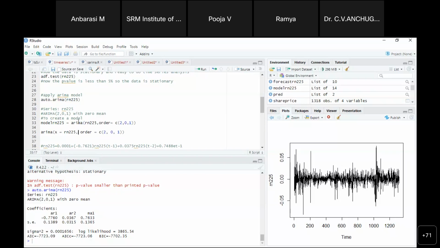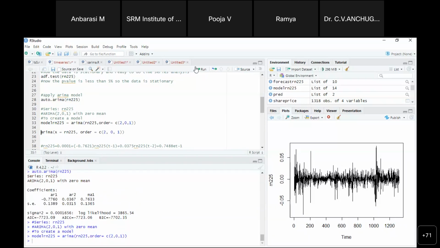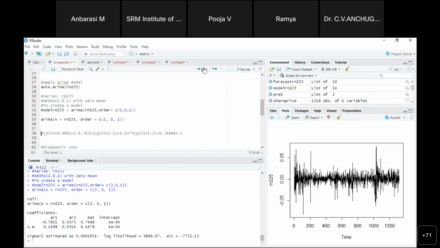After creating the model, we call this ARIMA function. When you execute it, you can see the coefficient values. This is what we can specify in the paper.